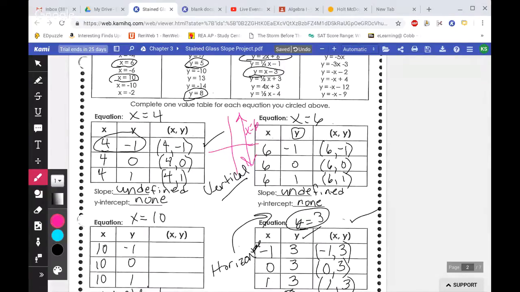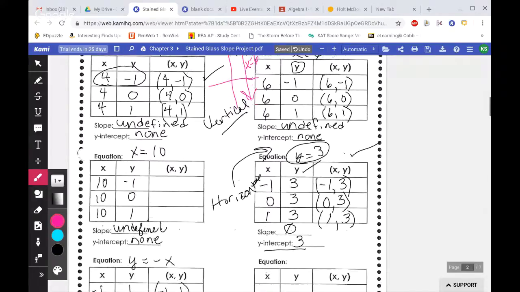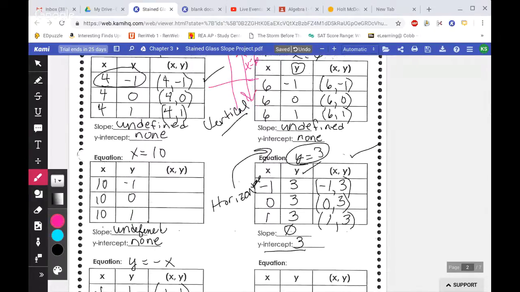What would that mean for the 10? Same exact thing. Vertical lines run parallel to the y-axis, so it will never touch the y-axis unless it's x equals 0, and then it is the y-axis. So the intercept is every single y. Does that make sense? Yeah.